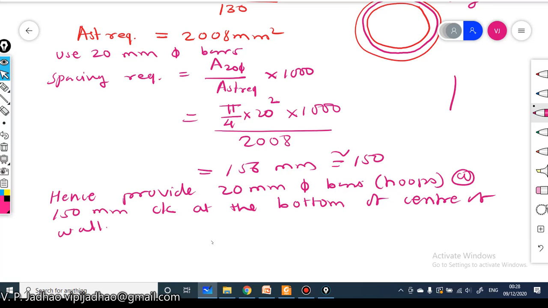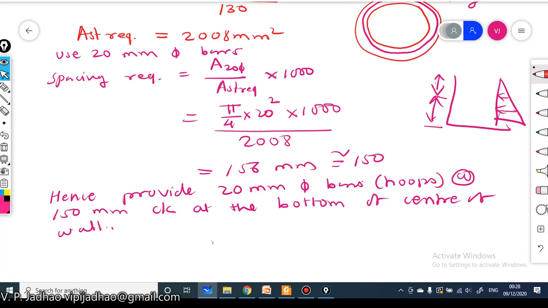Because the pressure will be more at the bottom and it will be reducing towards the top. Therefore up to half depth we will provide the actual spacing obtained, and above this half depth we will provide double the spacing, because it will result in economy.